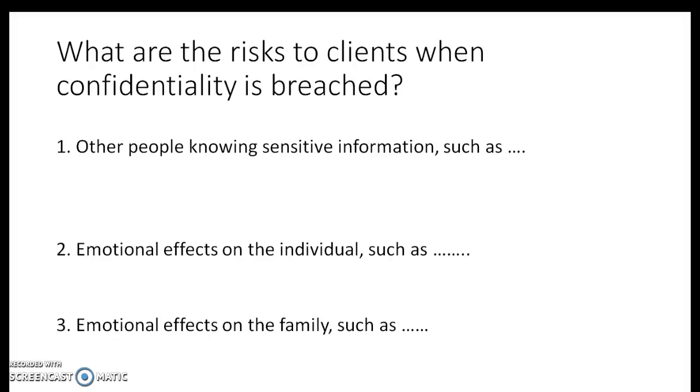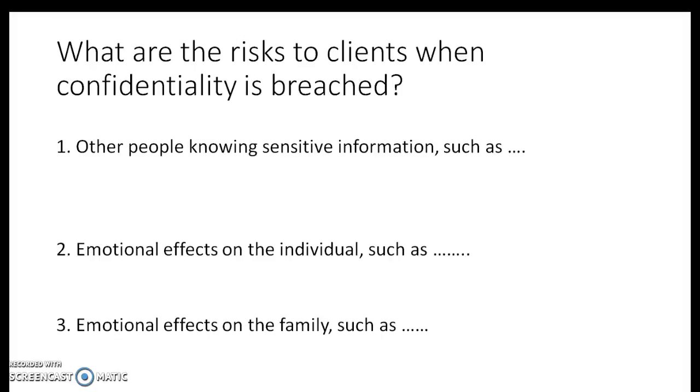What are the risks to clients when confidentiality is breached? Well, on one hand, sometimes people become at risk or vulnerable from embarrassment or harm or even gossip if other people know sensitive information about them. So things that might be a bit embarrassing, for instance, the conditions that they have or the treatment that they're having.